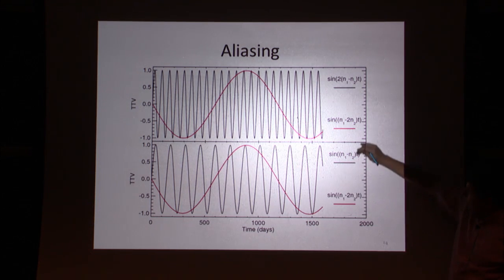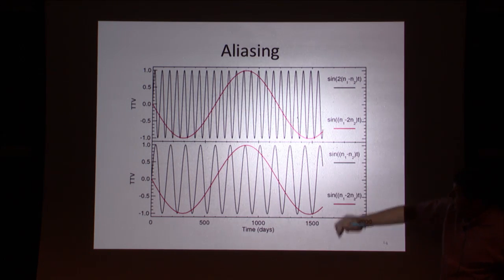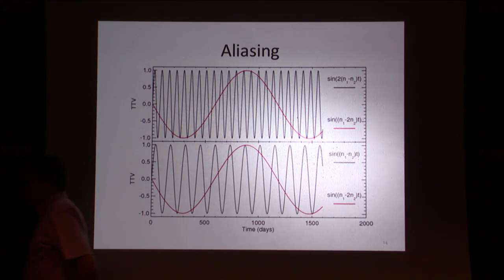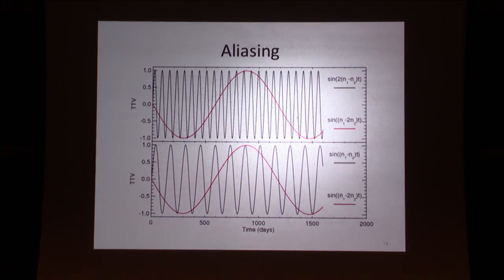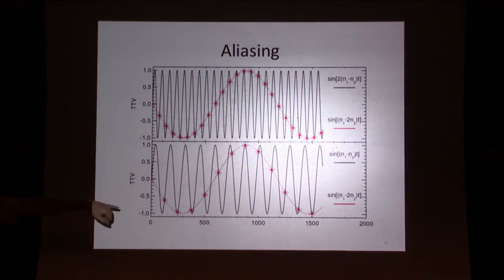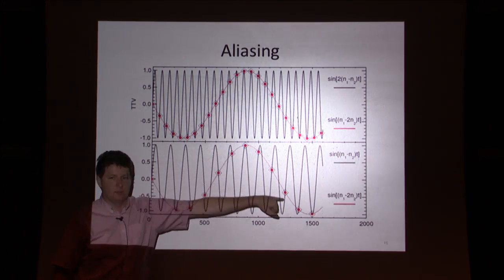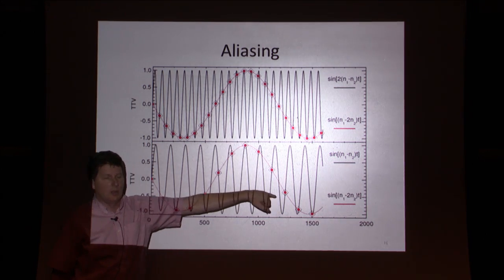And so the problem comes that when you sample this outer planet at the frequency and time of its transits, that's going to be an integer multiple of its period. And so the n2 and n2 terms are both constant at every single time that outer planet transits. And so those two terms give you exactly the same transit timing variations.